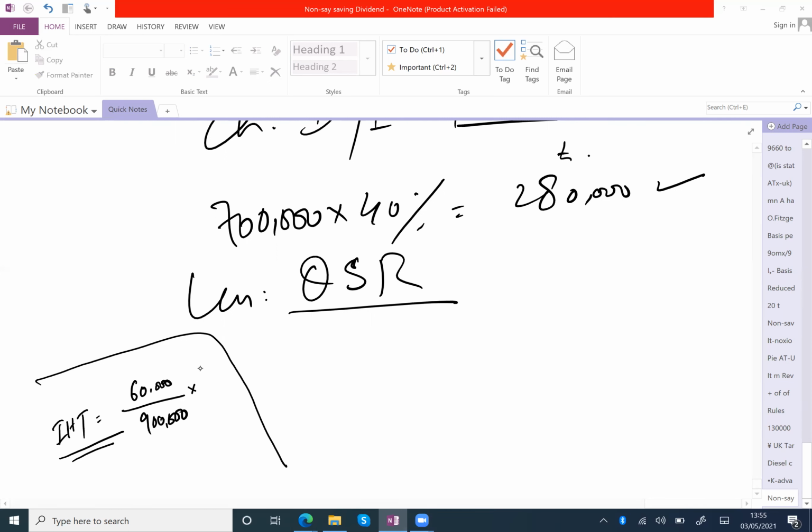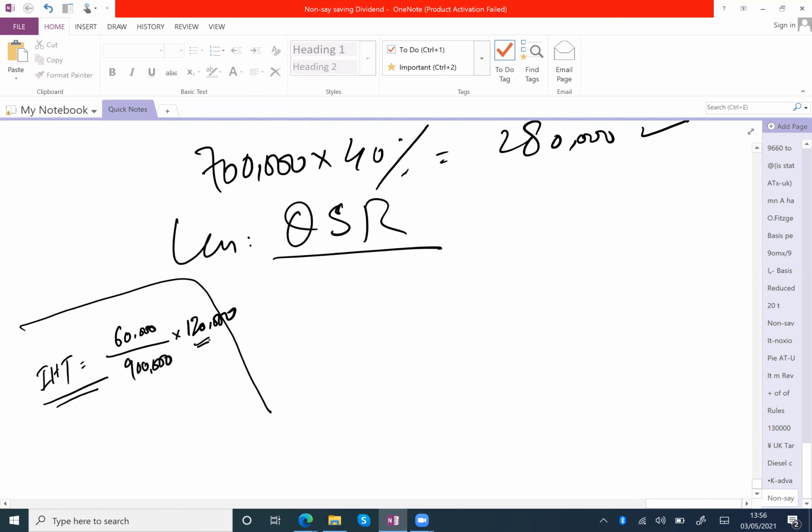And he is gifting 120,000 of estate to Mr. X. So how much IHT was paid on the 120,000 estate? You can calculate. This one is 8,000.